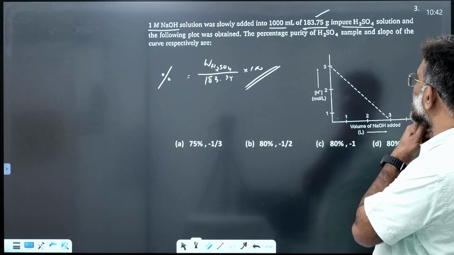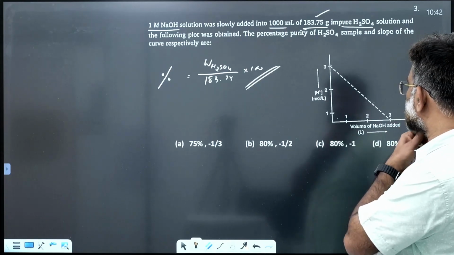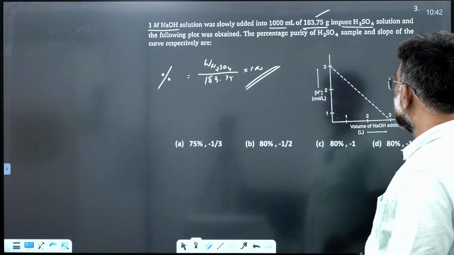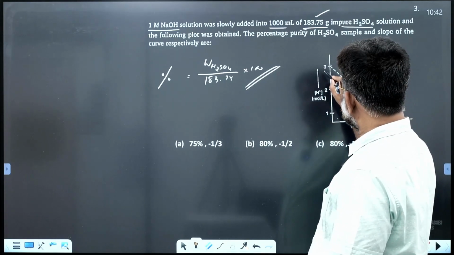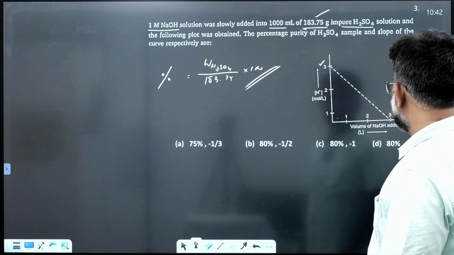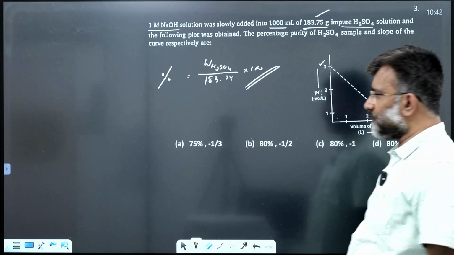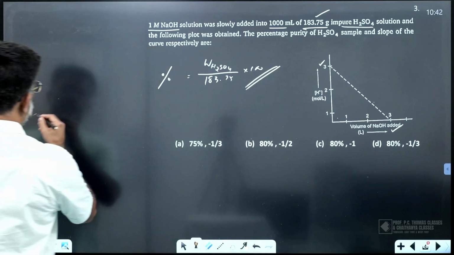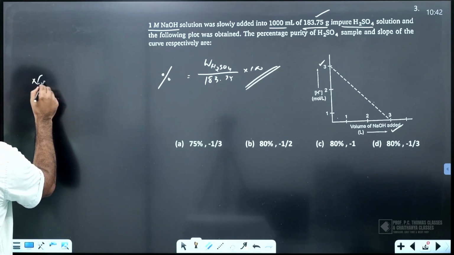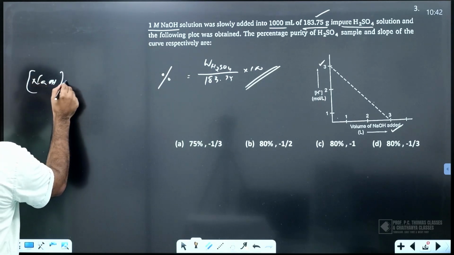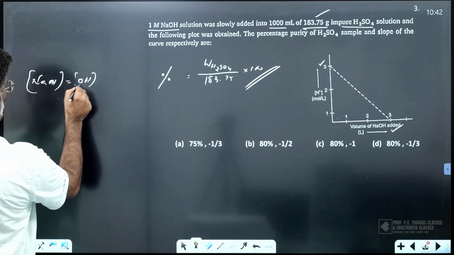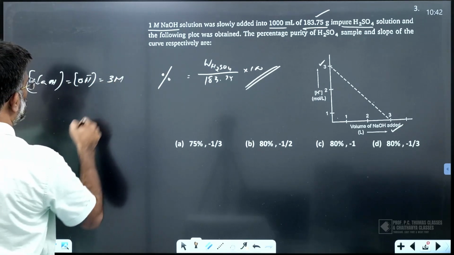Now, how much sulfuric acid is consumed? You can see 3 molar NaOH is required for 3 molar H plus. So the concentration of NaOH, that is the concentration of OH minus, is 3 molar.